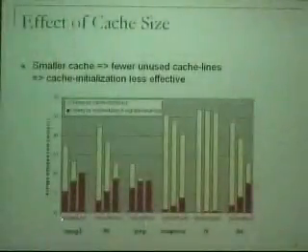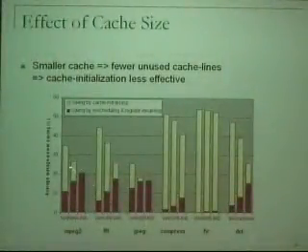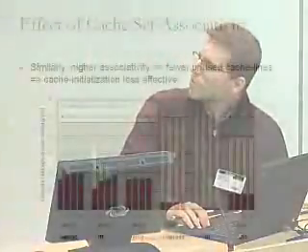In the case of MPEG-2, for example, going from 16 kilobytes to 4 kilobytes, you see that all the cache lines are used, so the unused part is reduced. But for a small application such as FIR, this does not happen very much.